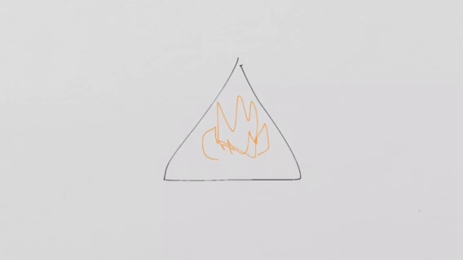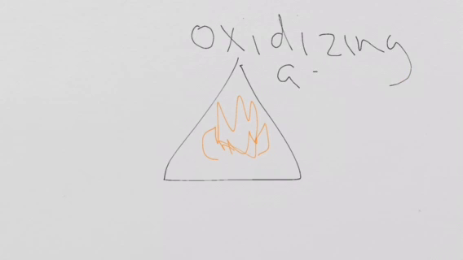So one of the first things you need is something called an oxidizing agent. So basically, this means oxygen, O2. If oxygen is not present, a fire will not burn.